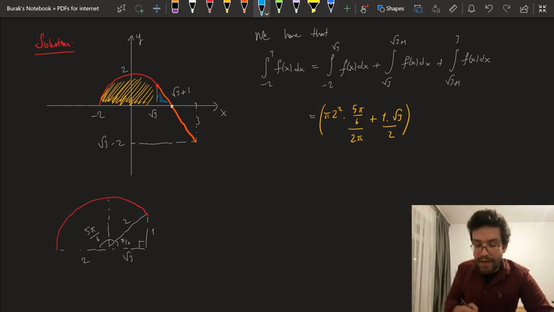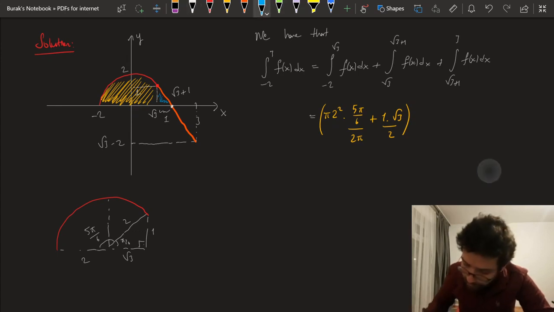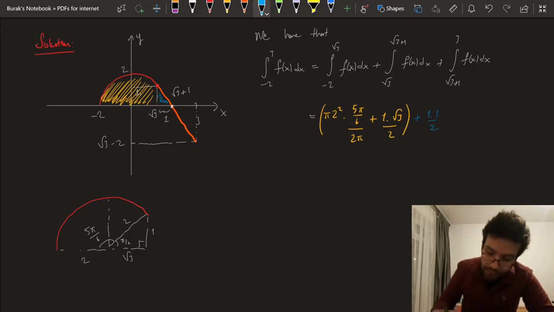And then the integral of f over this interval will be the area of this blue region. So this is a triangle, and this is the point 1, and this is 1. So the area of the blue triangle will be 1 times 1 divided by 2.